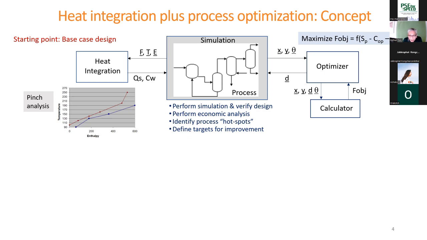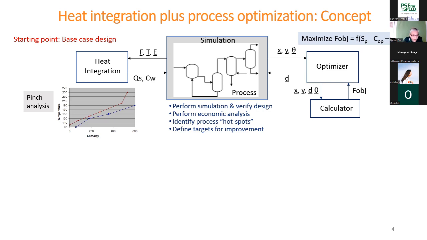So one thing we can see is that on the right-hand side, we do the optimization. On the left-hand side, we do the heat integration. So which one should we do first? The heat integration and then optimization, or optimization and then heat integration? Can we do it simultaneously, that we will do both the optimization and the heat integration?